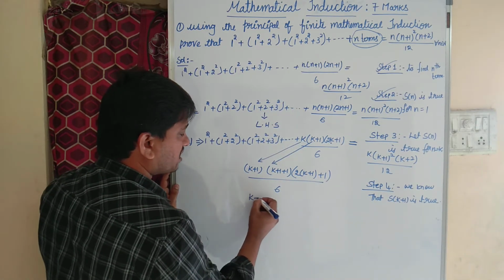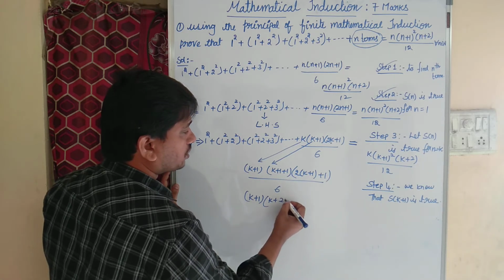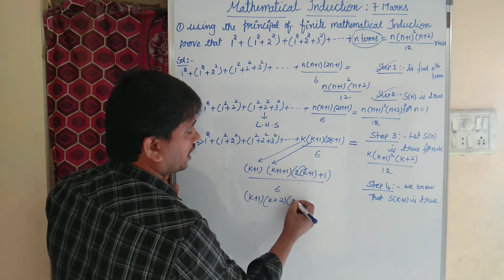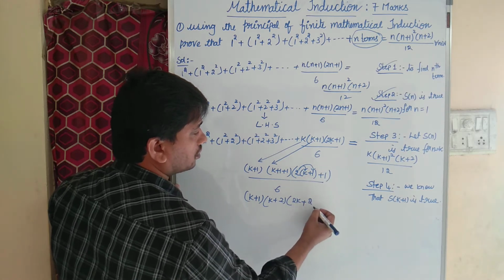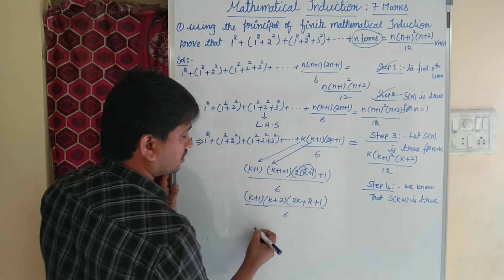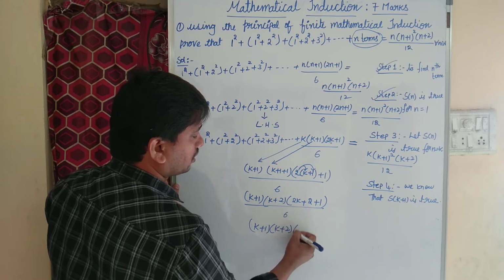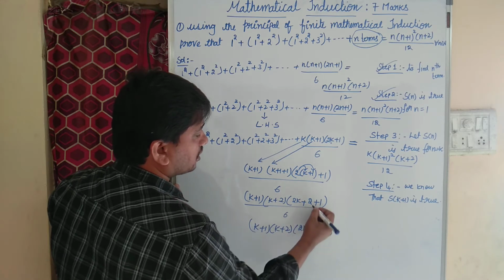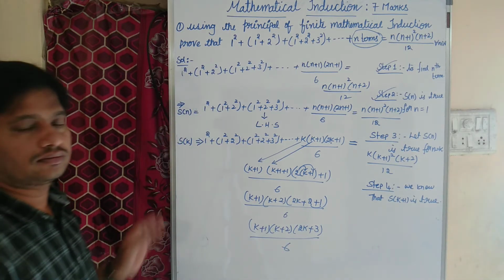So k plus 1 plus 1 that is k plus 2. 2 into k, 2k plus 2 into 1, 2 plus 1, divided by 6. So k plus 1 into k plus 2 into 2k plus 3 divided by 6.